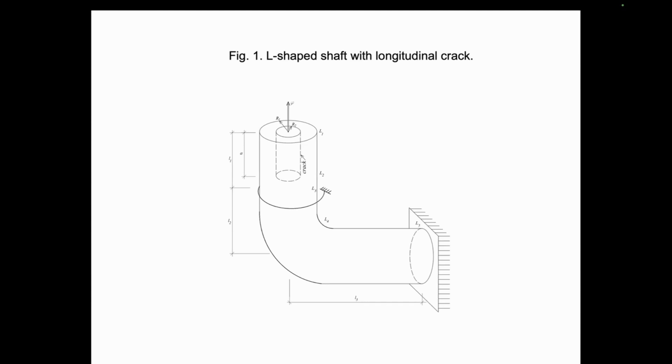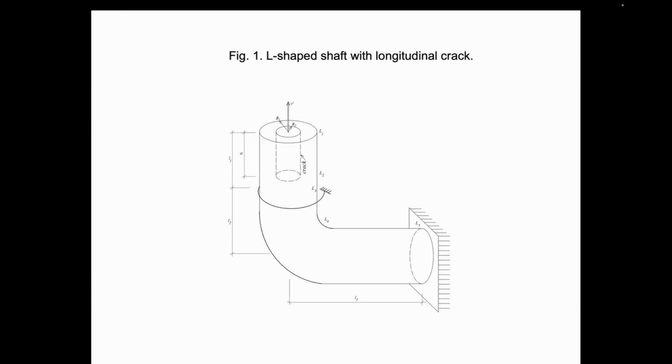The load-carrying shaft that is treated in this work is shown in figure number 1. In section L3, the shaft is supported by a rotational spring located in the horizontal plane.